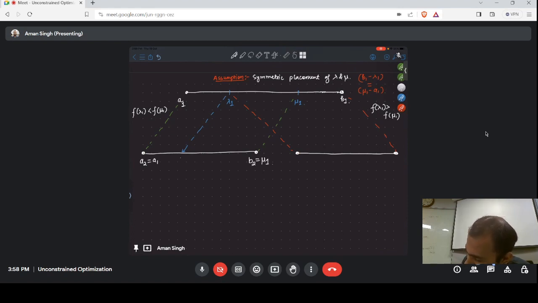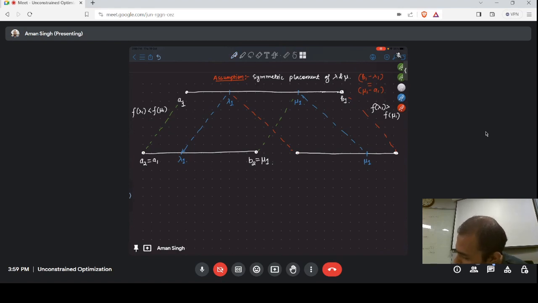And this is the lambda 1 from the previous iteration, and let this be mu 1 from the previous iteration.